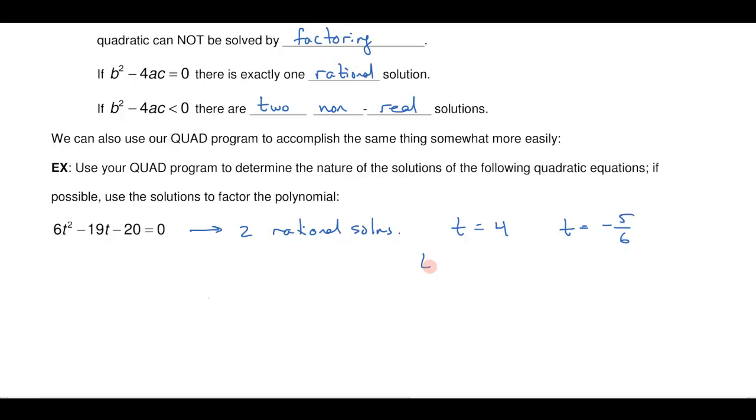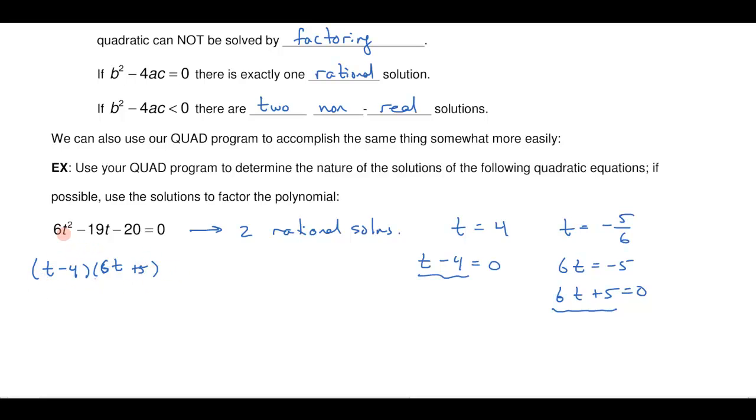If I bring the 4 on this side and I multiply both sides of this equation by 6 and then bring the 5 over, then these two binomials are going to end up being the factors of this trinomial. Let's try it and see. If I were to take t minus 4 and multiply that by 6t plus 5, does that work?